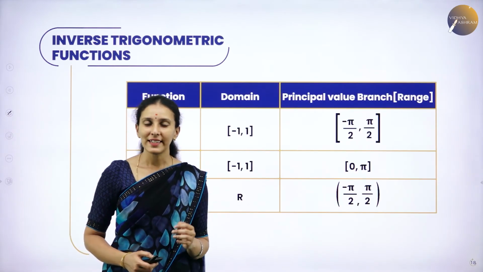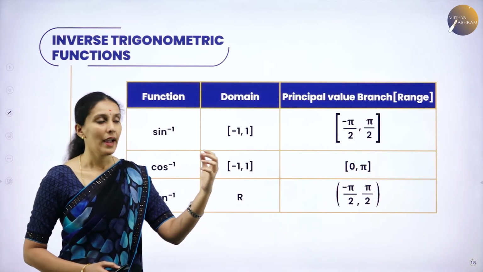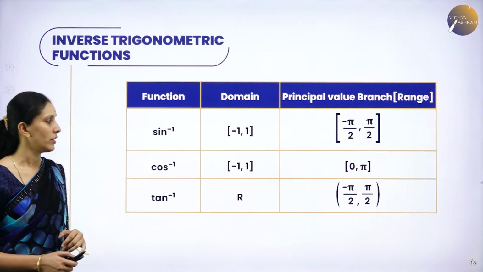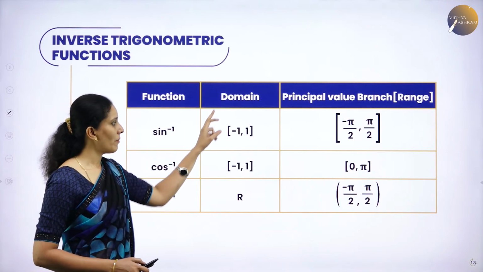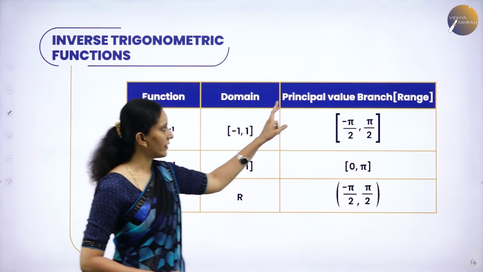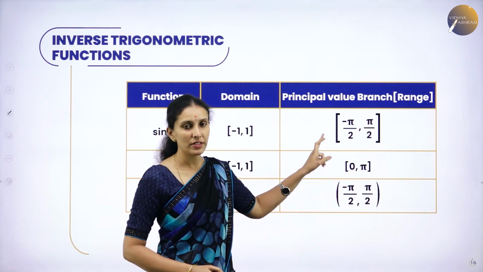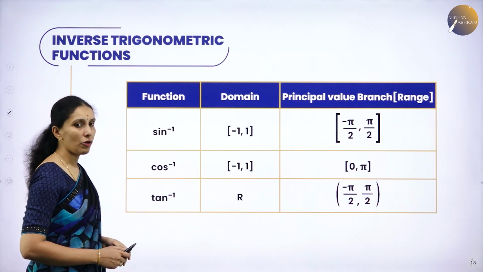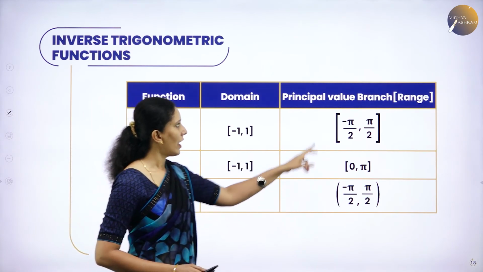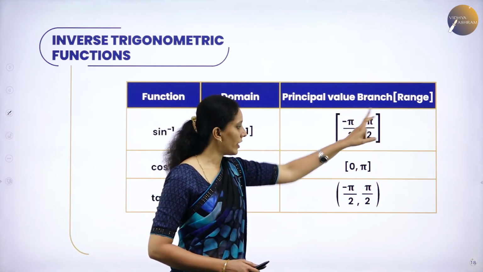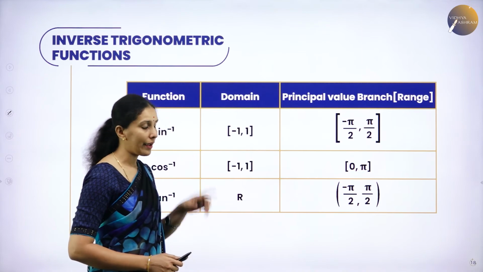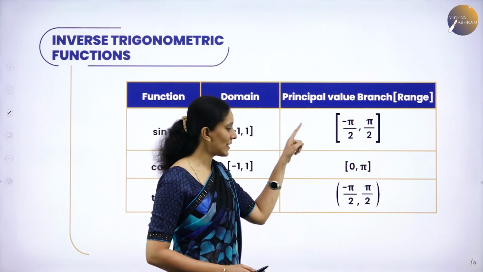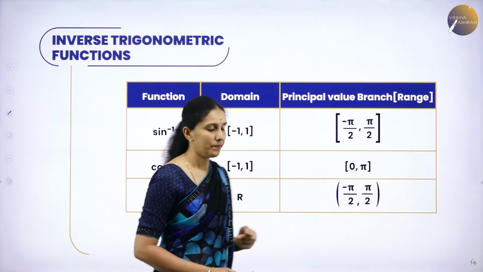Now let's study the domain and principal value branch, that is the range, of each inverse function. For sine inverse, the domain is [-1, 1] and the principal value branch is [-pi by 2, pi by 2]. For cos inverse, the domain is [-1, 1] and the principal value branch or range is [0, pi]. Remember to write the square brackets for sine and cos.